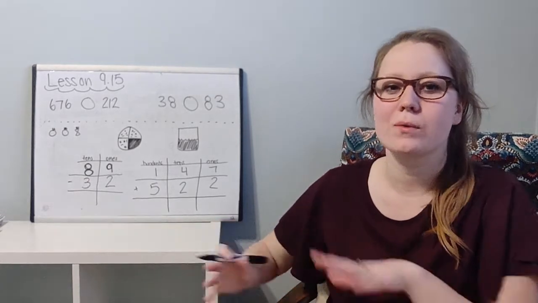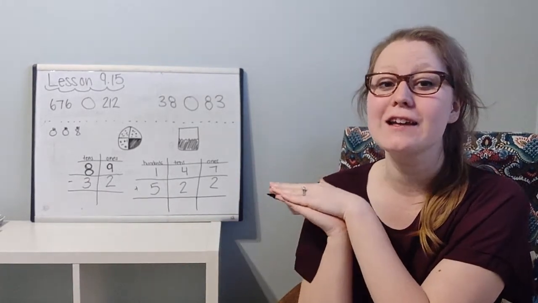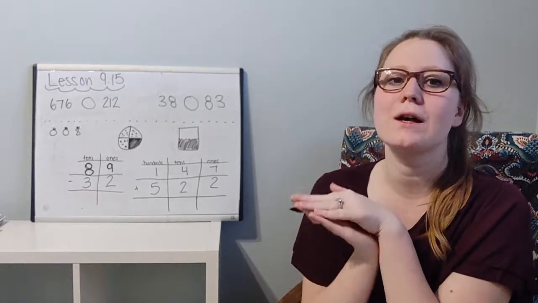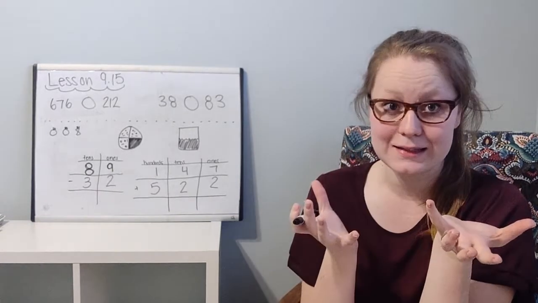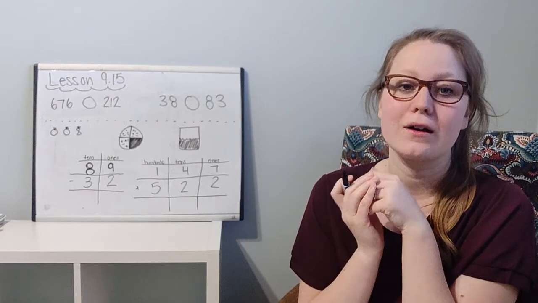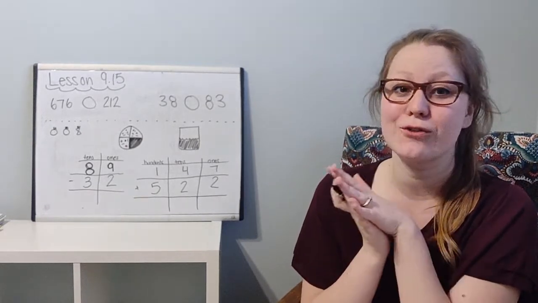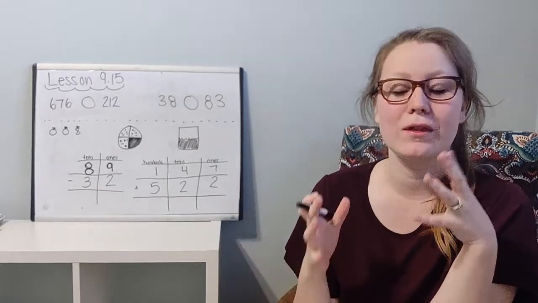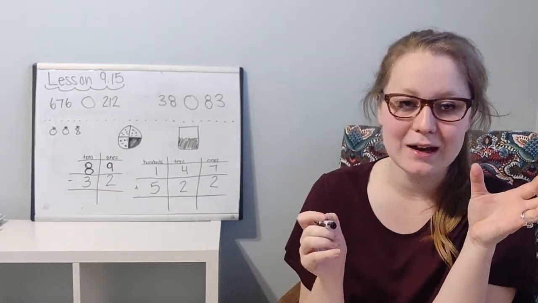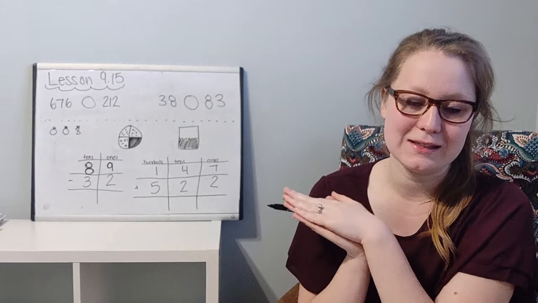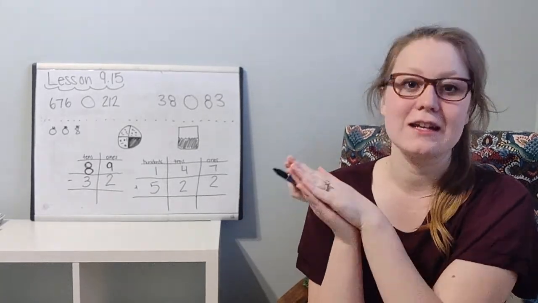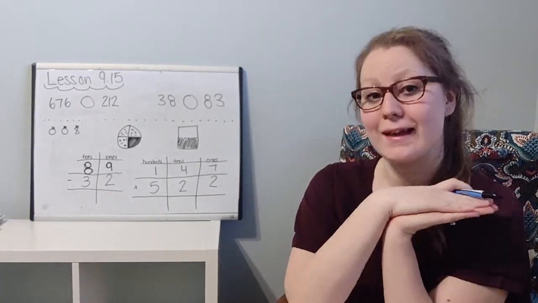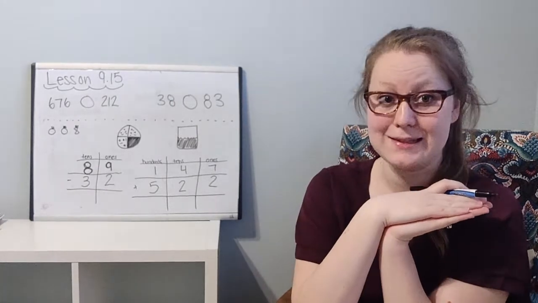Or if you remember, we had a very hungry fish that would always want to eat a lot of food. So our hungry fish, his name was Freddie, he would always eat the bigger meal or the bigger number. And that was also going to help us decide which direction our greater than or less than sign went.